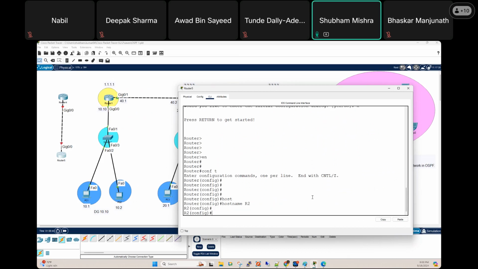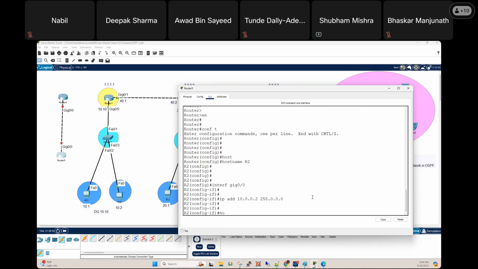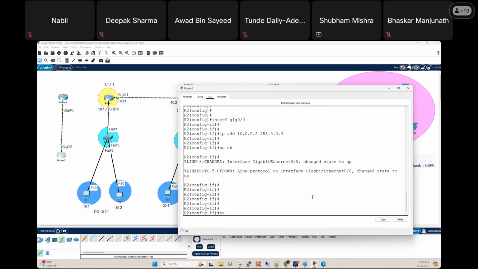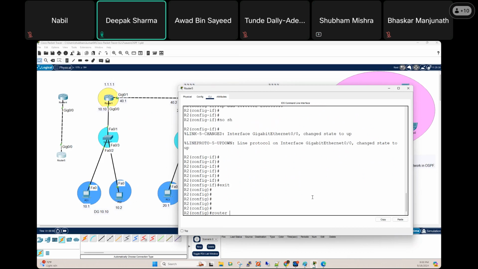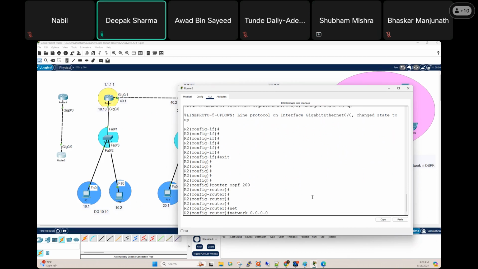Hostname R2, interface gig 0/0. Router OSPF 200, network 10.0.0.0 area 0.